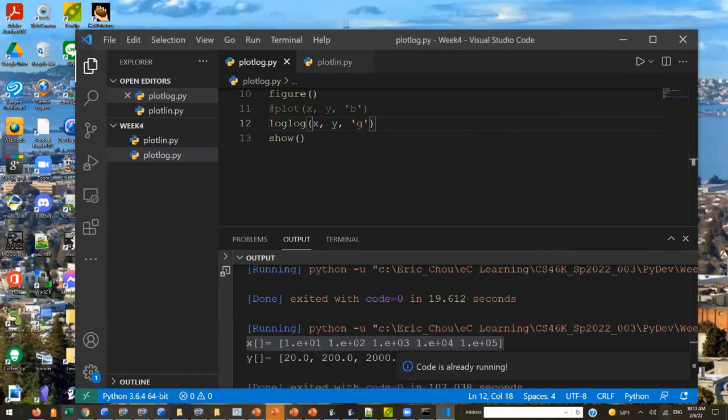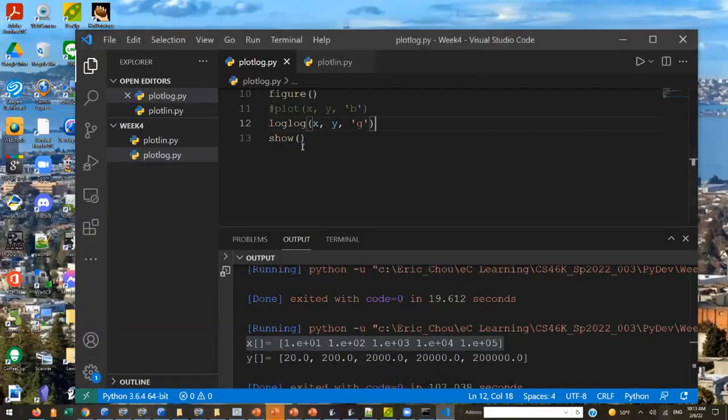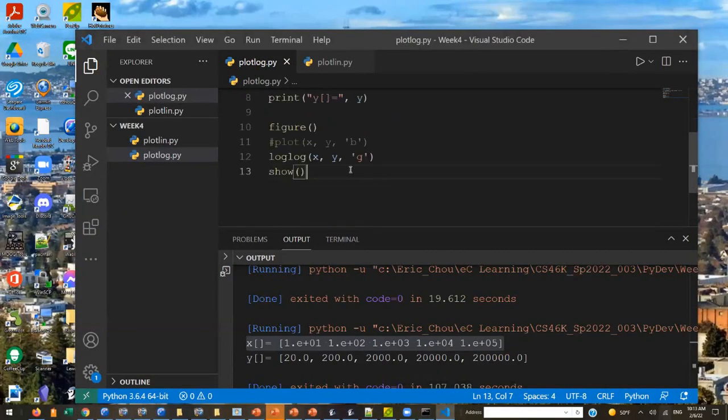This one actually, you create a figure and you will get the axis. So let's do this one. This one we call log chart. Let me comment out the log chart. Here I create a figure and assign it to the figure, and from the figure I can get the axis.